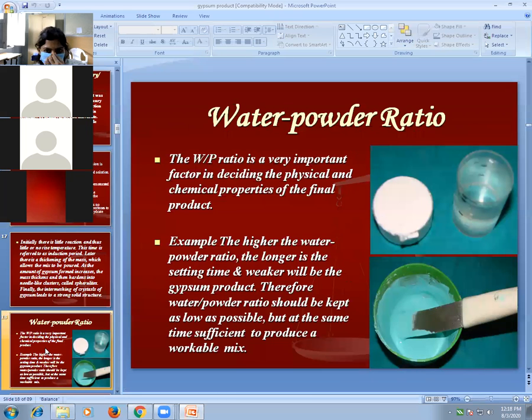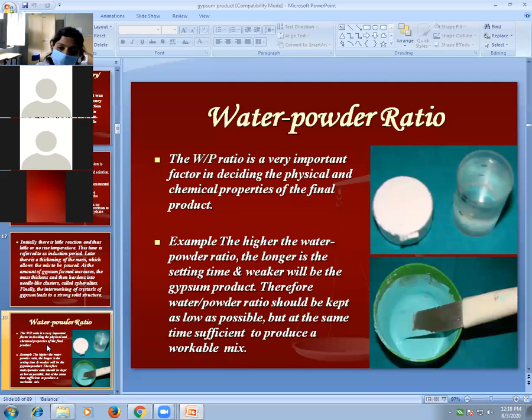Now, the water-powder ratio. The water-powder ratio is a very important factor in deciding the physical and chemical properties of the final product. For example, the higher the water-powder ratio, the longer the setting time and the weaker the gypsum product. Therefore the water-powder ratio should be kept as low as possible, but at the same time sufficient to produce a workable mix.